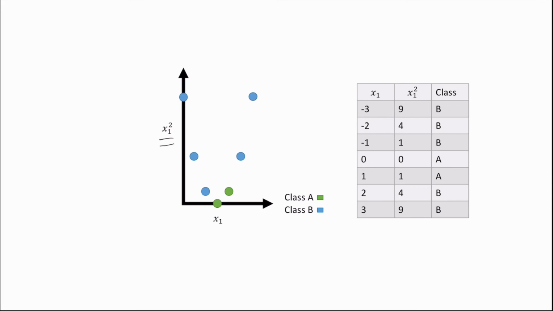We can see now that the data has become linearly separable. So here we made use of a polynomial kernel, and this is commonly used when the data can be separated by a polynomial function. Again, the process of transforming our data to a higher dimensional space, where it then becomes linearly separable, is called the kernel trick.